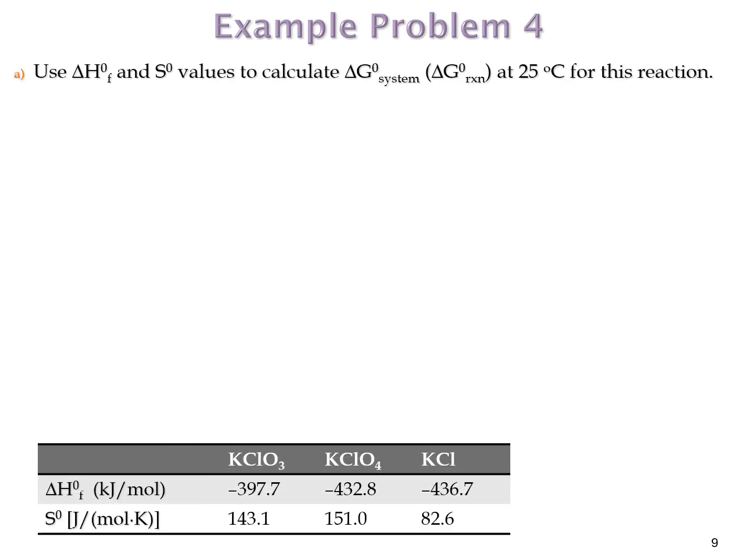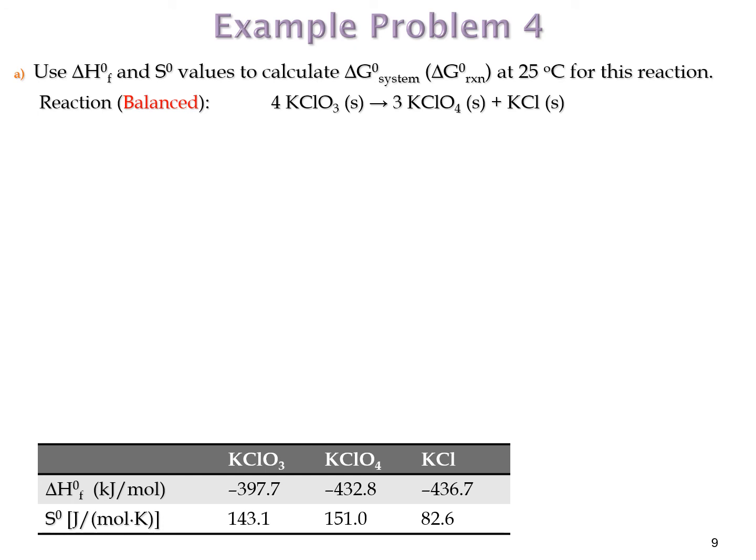Alright, so now let's answer our first question. We have delta H0 f of everything, and we also have delta S0 of everything. What we can do here is calculate delta H0 of the reaction as well as the delta S0 of the reaction.